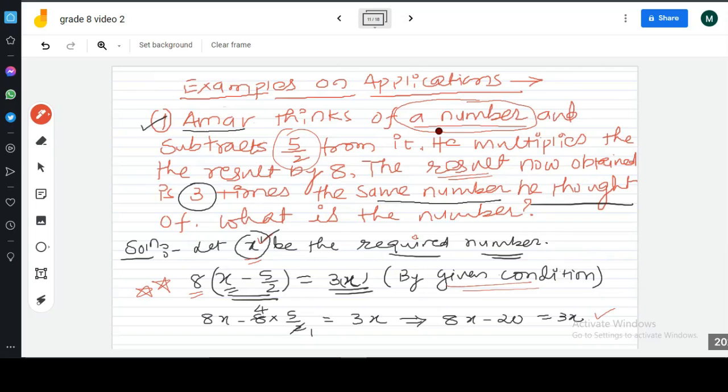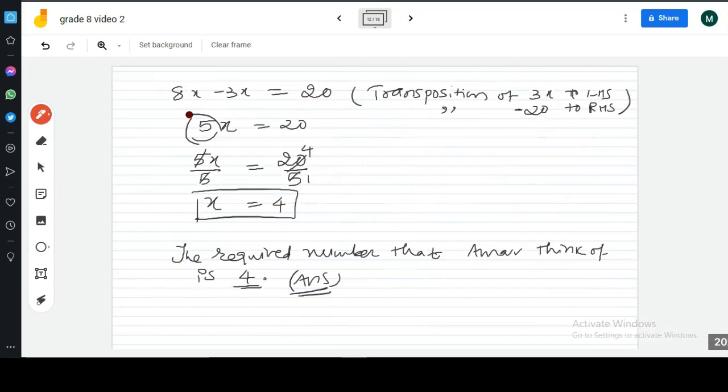So transposing 3x from RHS to LHS, and transposing this 20 from the left with minus sign, it comes to the right side with positive sign. So 8x minus 3x will be equal to 20.